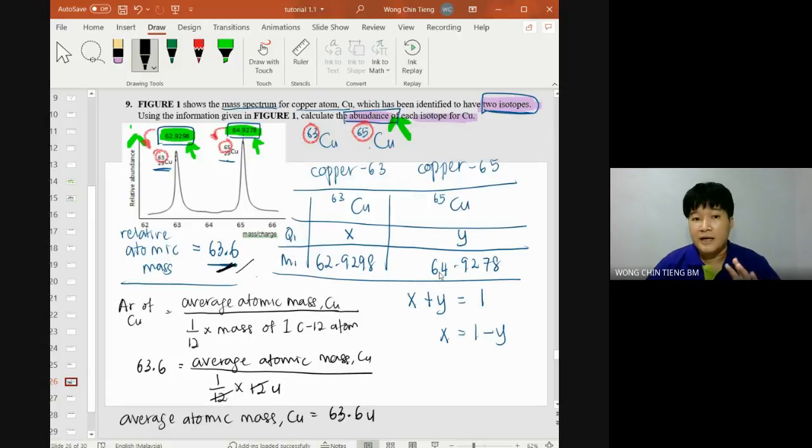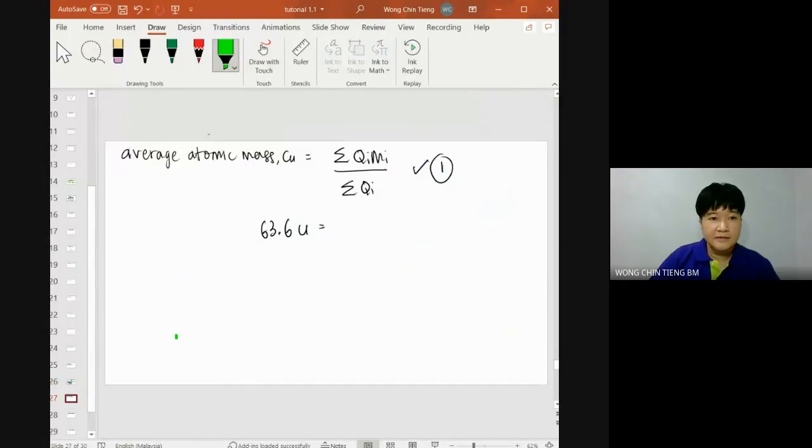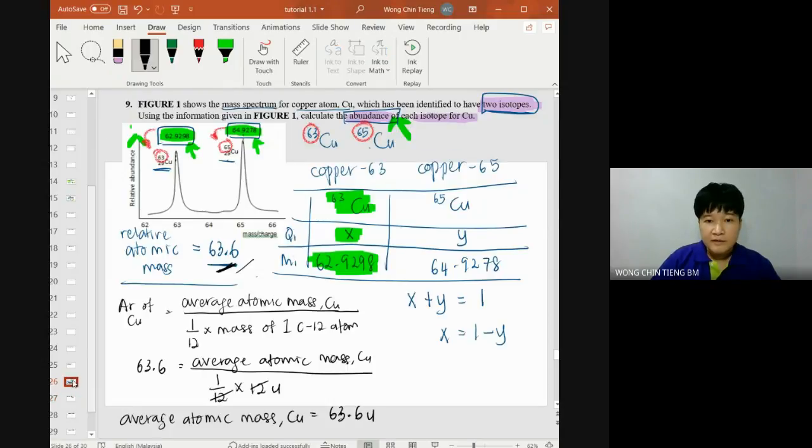Saya dalam keadaan 2 slide lah, kamu sepatutnya dalam 1 slide je lah. So your QI/Mi is over here. Copper 63. QI is your X, Mi is this. Okay. So ambil je lah 62.9298 X. So you have your 62.9298 X. Sebab darab terus kan. Tambah dengan, tak ingat, 64.9278. Kalau saya salah bagi tahu.